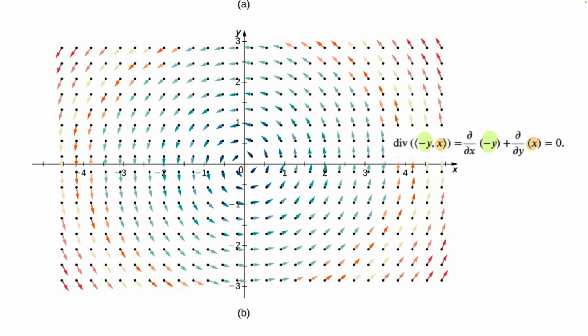Here's another vector field. Negative y, comma, x. So if you pick a point on the x-axis, the y-coordinate is 0. In the x direction, you have 0 strength along the y-axis. Likewise, if you pick a point on the y-axis, x is set equal to 0.